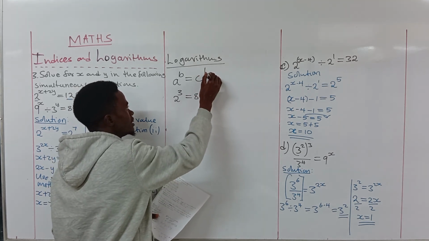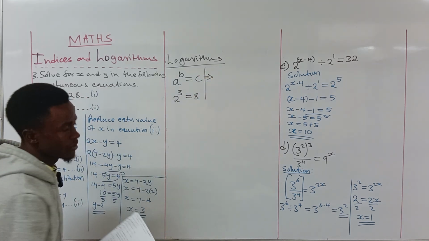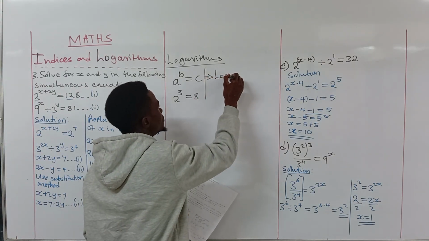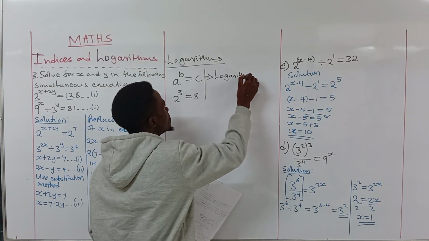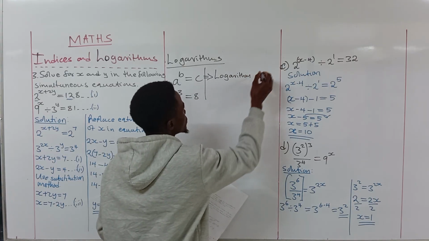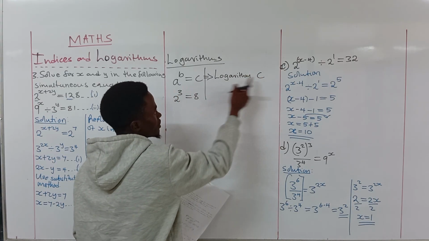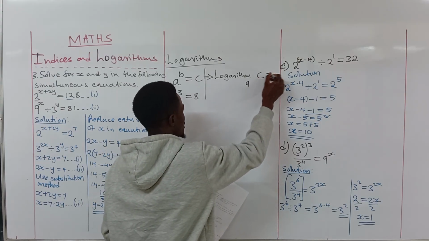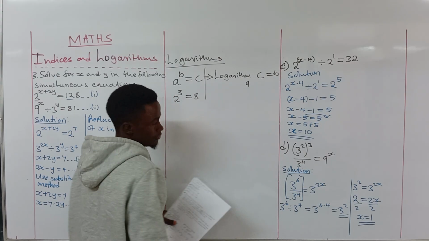Now, translating this into logarithms, we are going to have the logarithm of c having a base of a is going to give us b.